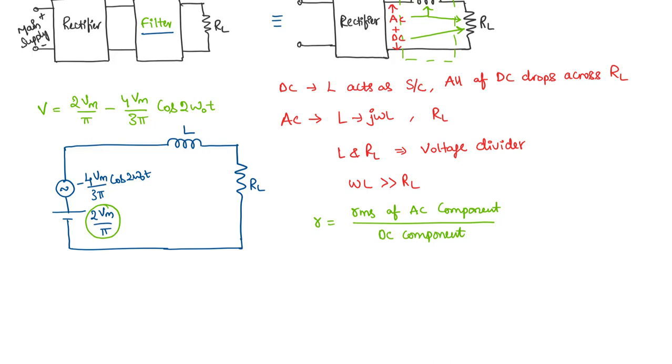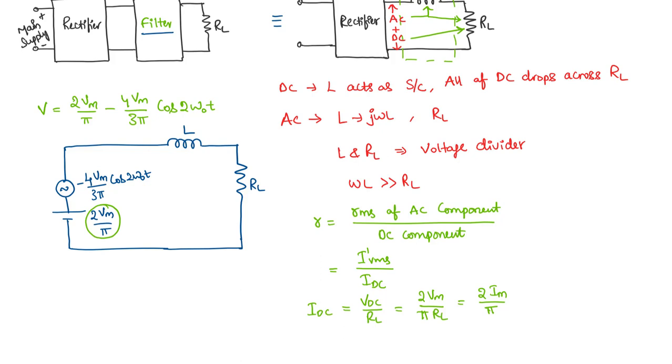Let me write this in terms of current: this is I dash RMS, as we have seen earlier, and this is IDC. IDC is equal to VDC over RL, which is 2 Vm by pi RL, which is equal to 2 Im over pi.